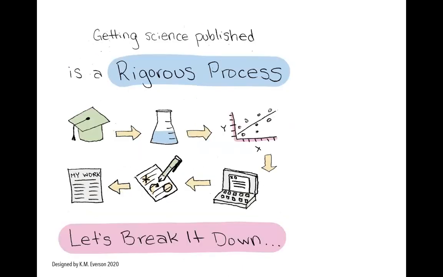Getting science published is a rigorous process. And it starts, of course, with being educated, right? Having some kind of formal education, which you guys are in this process right now. And once you attain that, then you need to design your experiments, right?